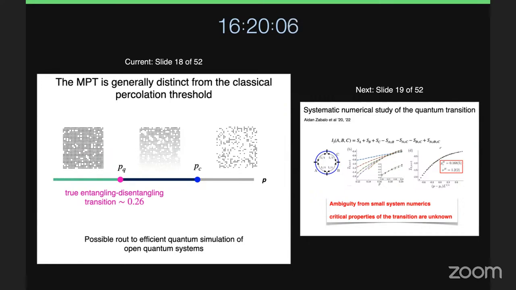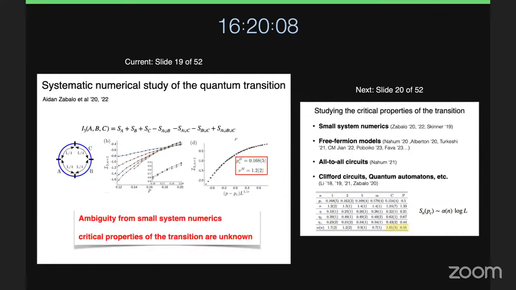Now, this is all nice, but let me tell you about a few problems that emerge. Here you can see results from the group of Jed Bixby, from a student, Adam Zavallo, and they came up with this brilliant idea to try and minimize the finite size effect and also avoid all sorts of drifts at the quantum critical point.